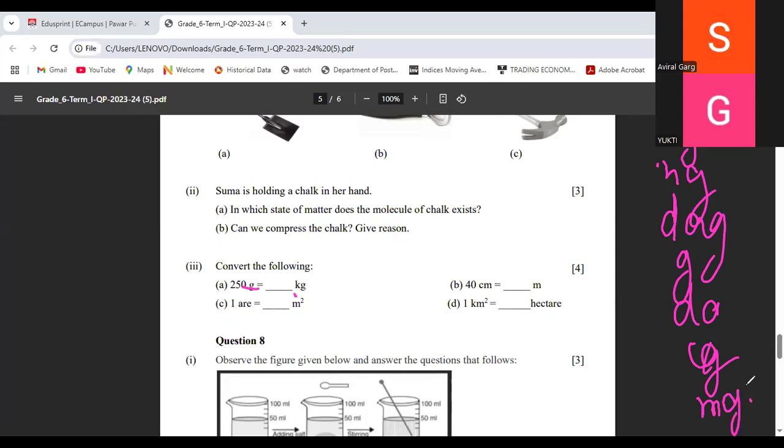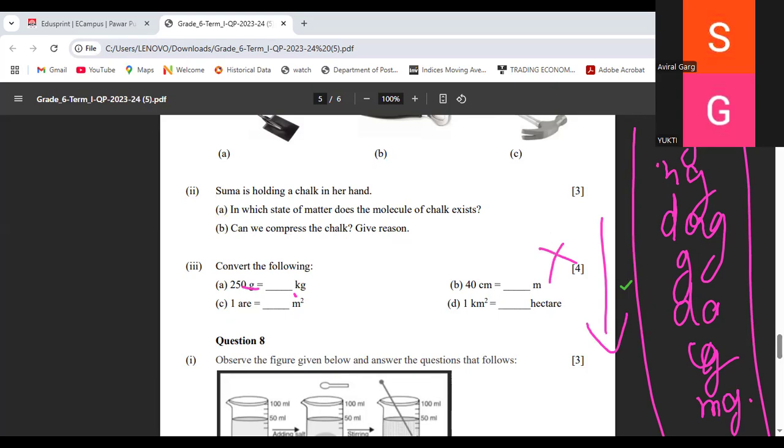Right? This is the way I have taught you. When we go down, we multiply. And when we go up, we divide. One step means 10.